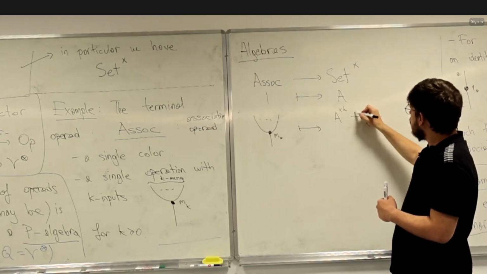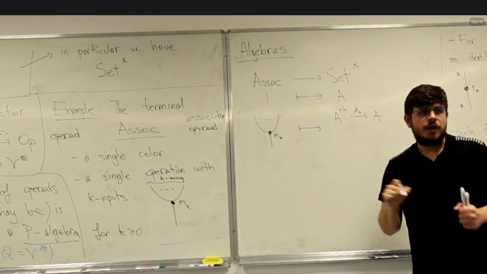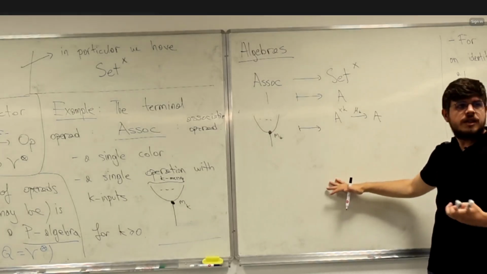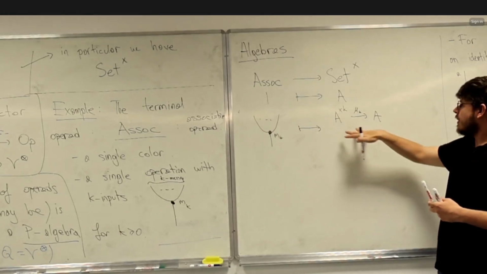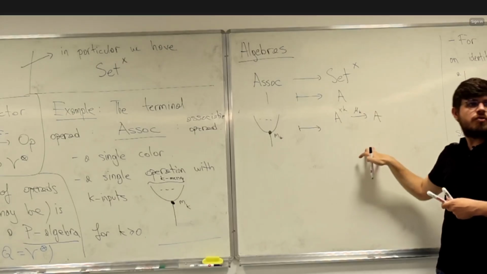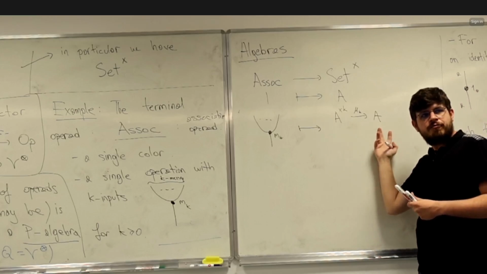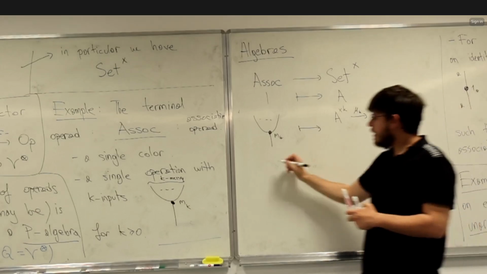So let's call this mu_k or something. And if you follow up what composition does, this will give A the structure of a monoid. So this is the k-fold multiplication. Okay? And how do we pick the monoidal unit?